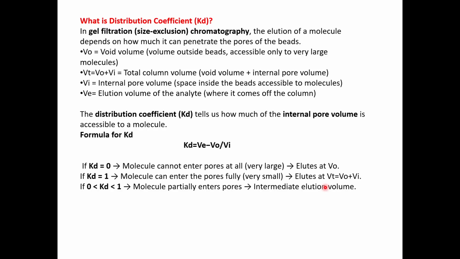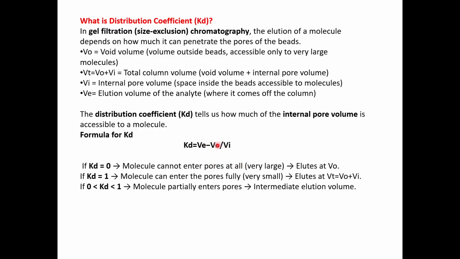Then coming to the distribution coefficient. What exactly is your KD in case of gel filtration? In gel filtration, as you know, the elution of a molecule depends on how much it can penetrate into the pores of the beads. So your KD is given by (VE minus V0) by VI.